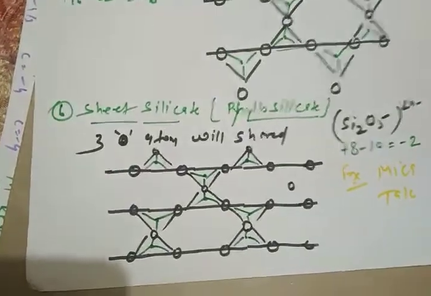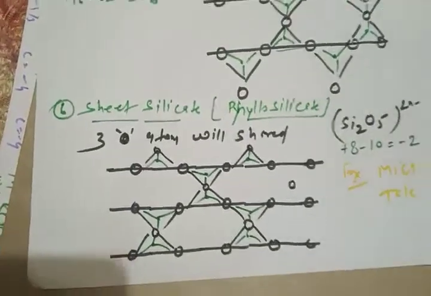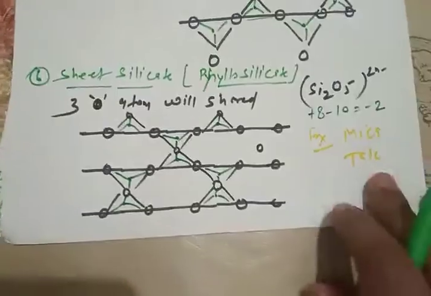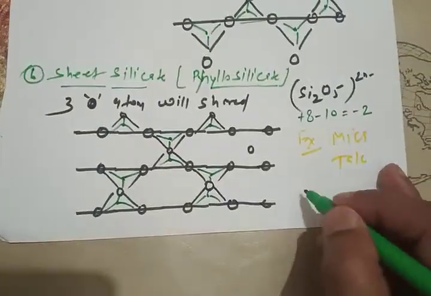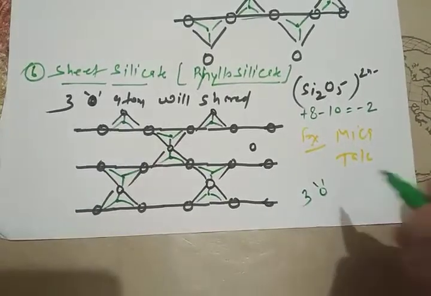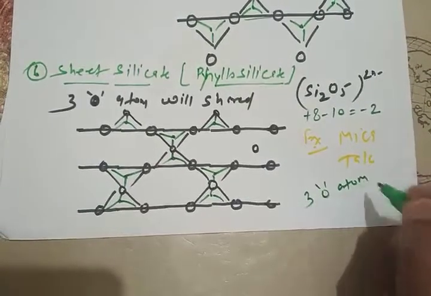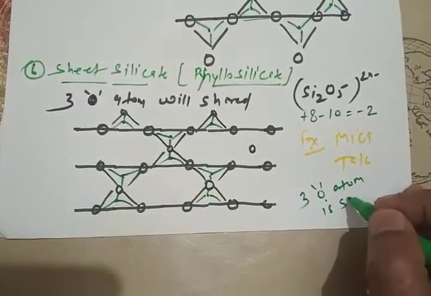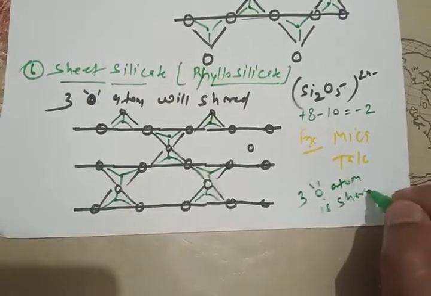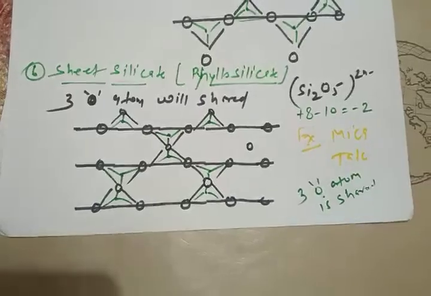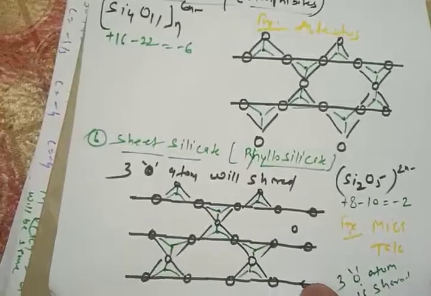Here the important thing to remember is that 3 oxygen atoms are shared. Okay, so this is the sheet silicate, and the last one is the 3D structure, the three-dimensional silicate.